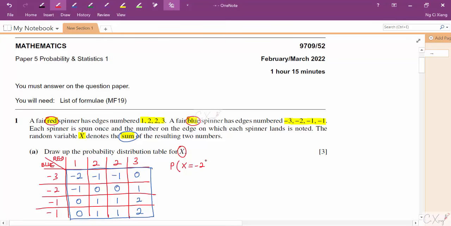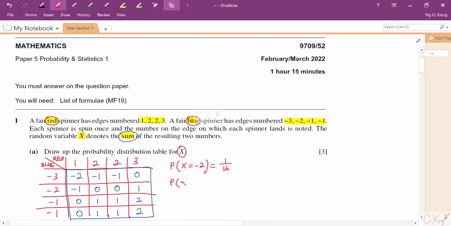When X equals -2, what is the probability? Since both spinners are fair, we just calculate how many times -2 appears. It appears only once, in the blue cells here, so it will be 1/16.